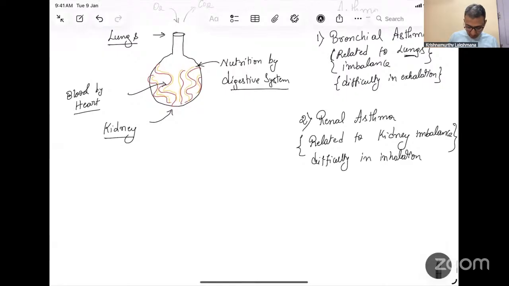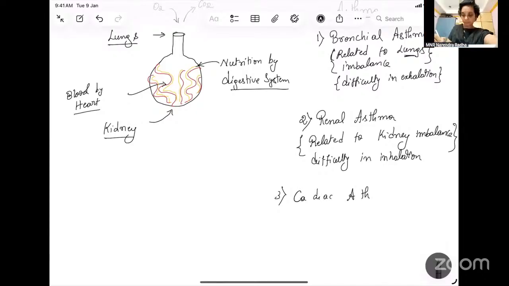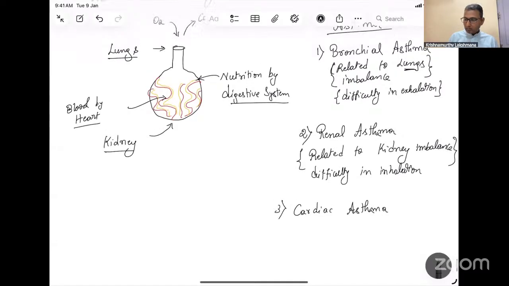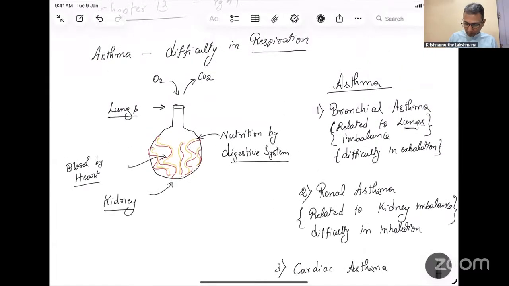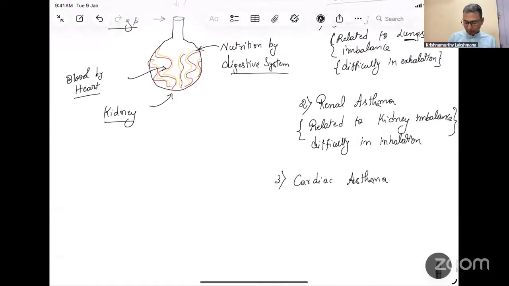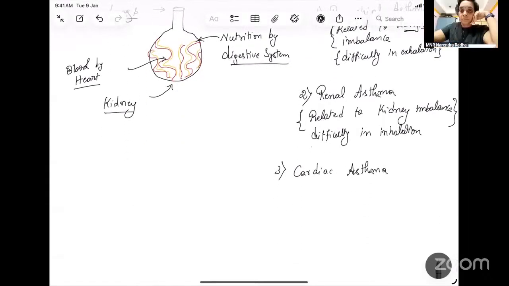And what is the third one? The third one is cardiac asthma. It is related to heart, related to the blood supply to the alveoli.